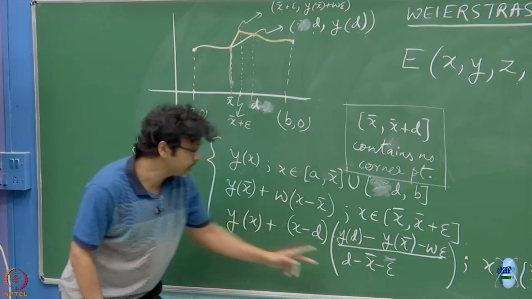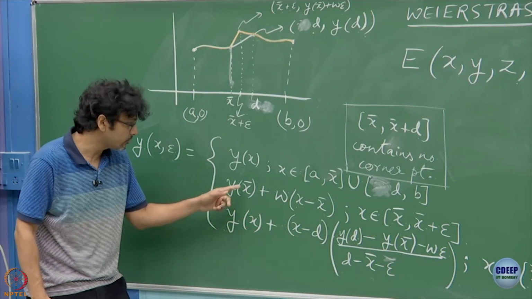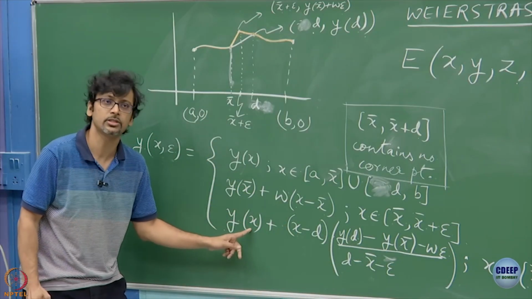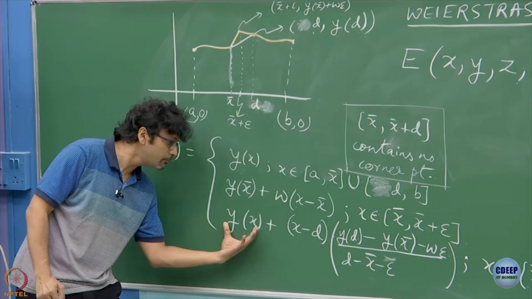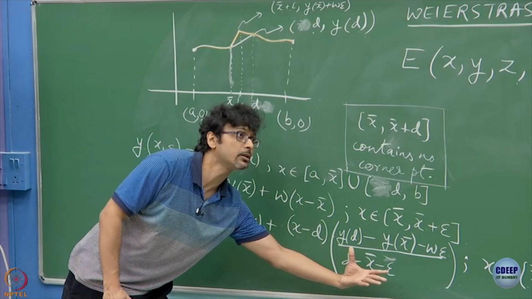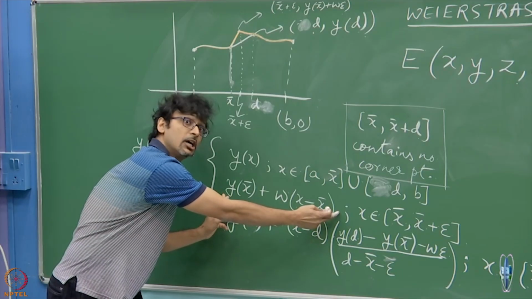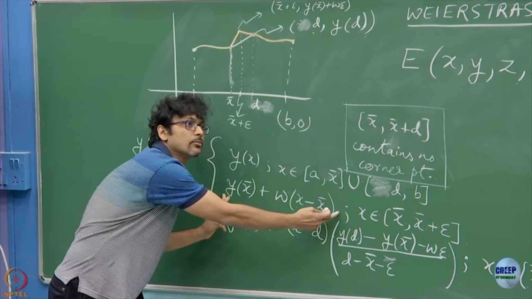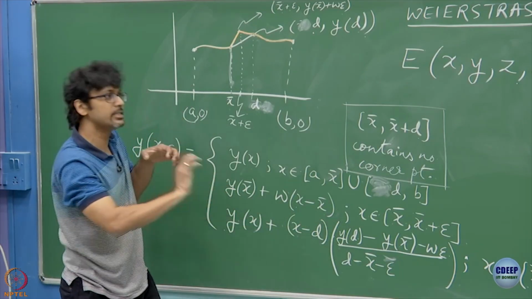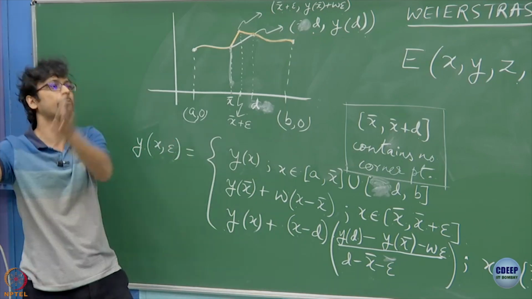Is that clear? The difference between the descriptions of these two. The reason why you have a y of x bar here and you just have y of x here. Here it's the unperturbed curve plus a linear perturbation. Here the whole thing is a linear function. The curve plus perturbation is linear. That's much more difficult to characterize in terms of curve plus perturbation being something linear.